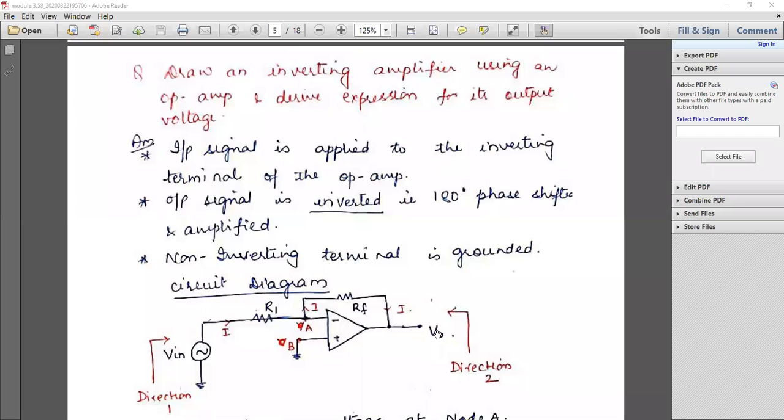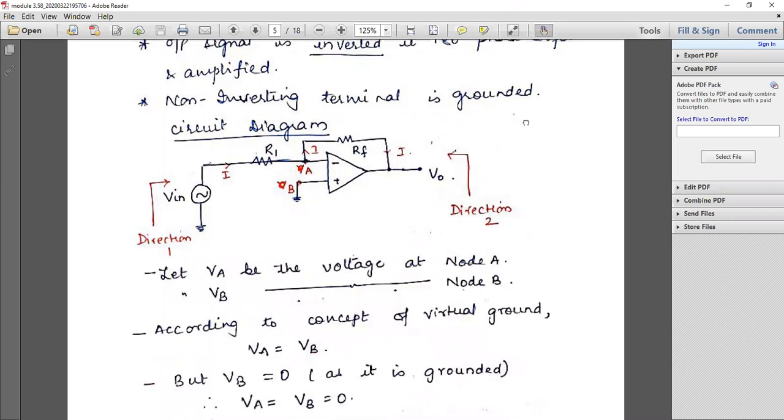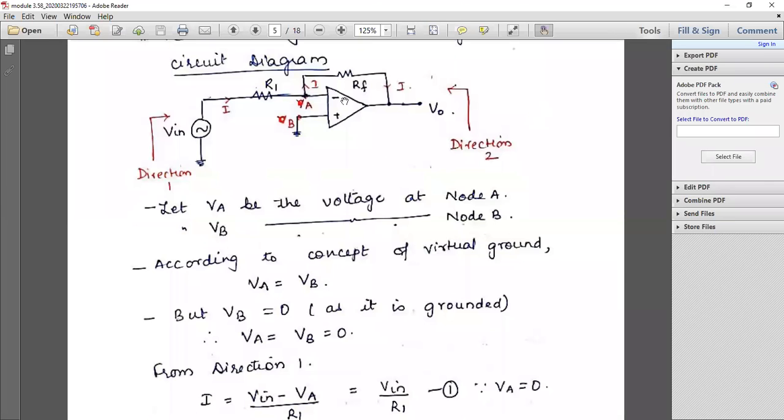This is the main point of our inverting amplifier. Taking this as a key, we will see the output expression. The question is: derive an expression for the output voltage of an operational amplifier working in inverting mode. You can see the two input nodes.